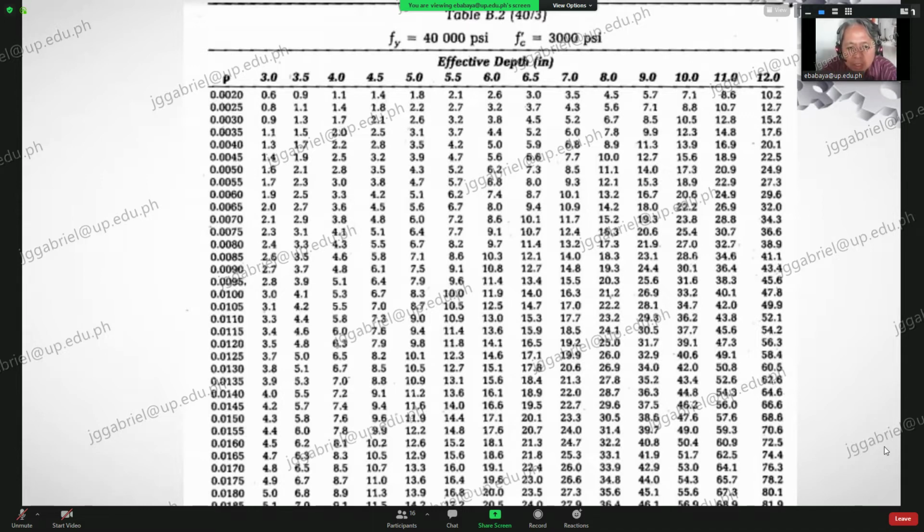The moment that has to be resisted by your moment reinforcement would be 4.5, no? Now, if you look at this, having an effective depth of 5 inches, you go down until you reach 4.5. Now you have 4.3 and 4.7. Okay? Let me annotate.